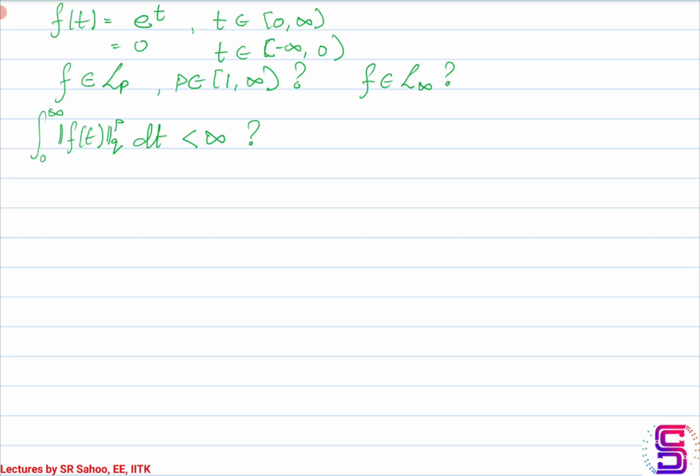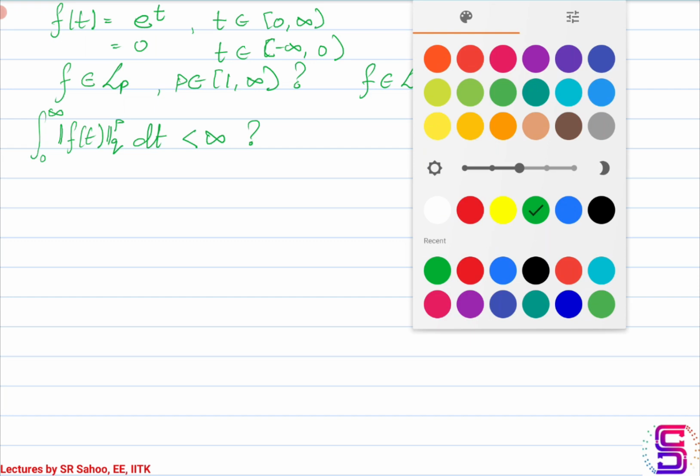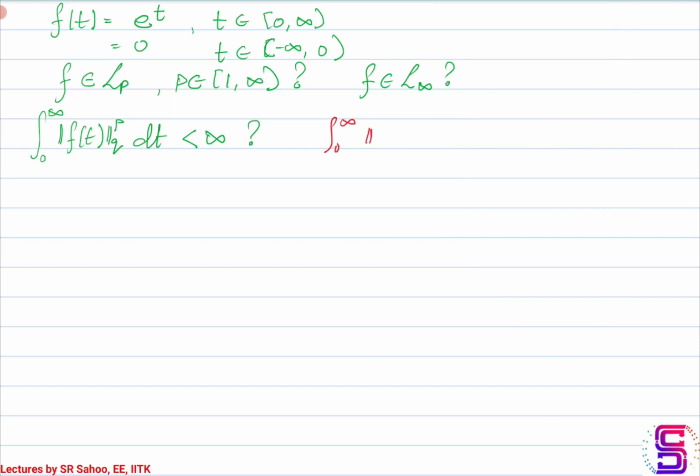From the nature of the exponential curve, you know that as t progresses, the value of e power t keeps on increasing, which means that in this particular case this integration does not exist, which means f does not belong to any LP space where p is something from 1 to infinity.